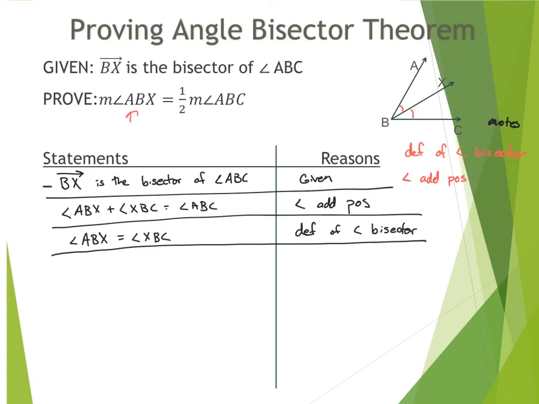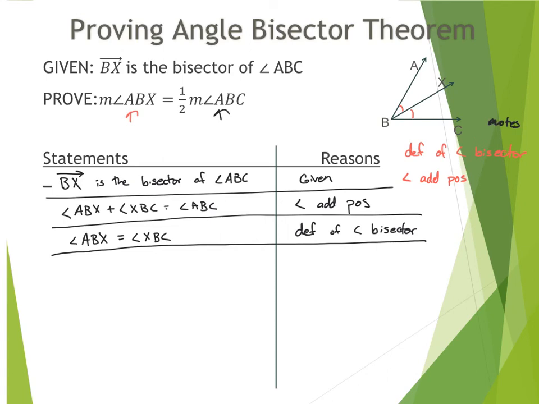Okay, now that I'm here, going back to the proof, it's the same exact logic as we used in the midpoint theorem proof. So here I am told that these two things are equal. These two angles are equal. And I need to have angle ABX in my equation set equal to angle ABC.